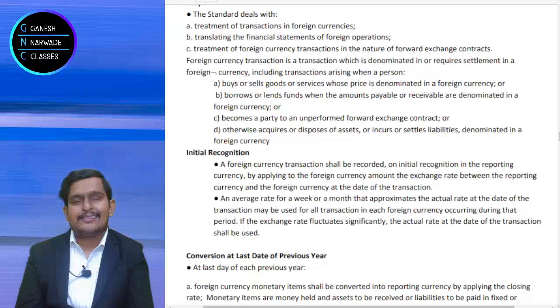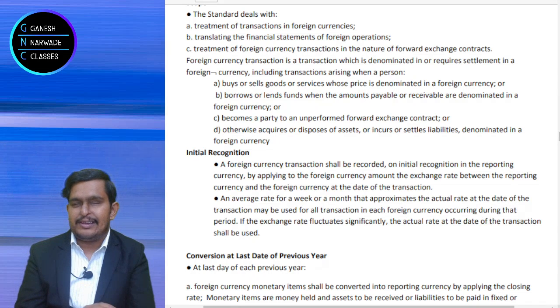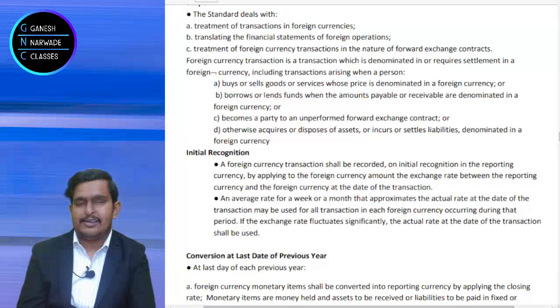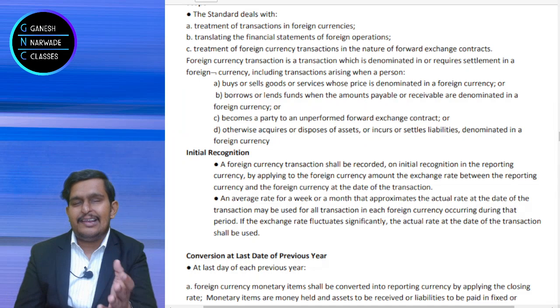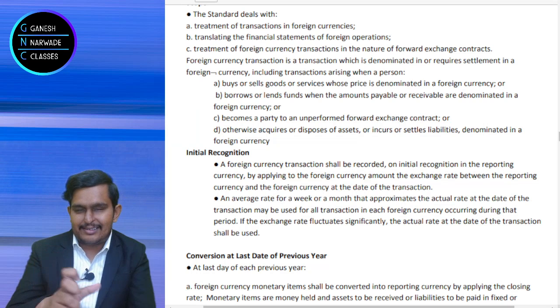So I will record 7,60,000 rupees as expenditure, or since the laptop is an asset, I'll show it in the balance sheet as an asset of 7,60,000 rupees. So initially, it is recorded at the exchange rate on the date of transaction.